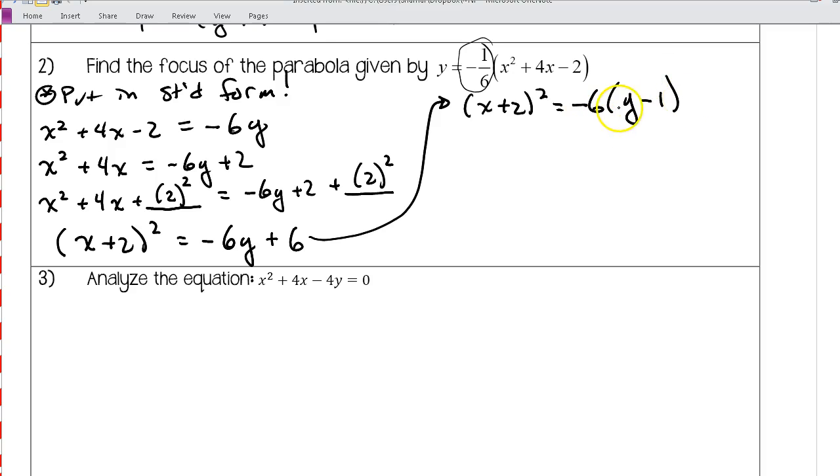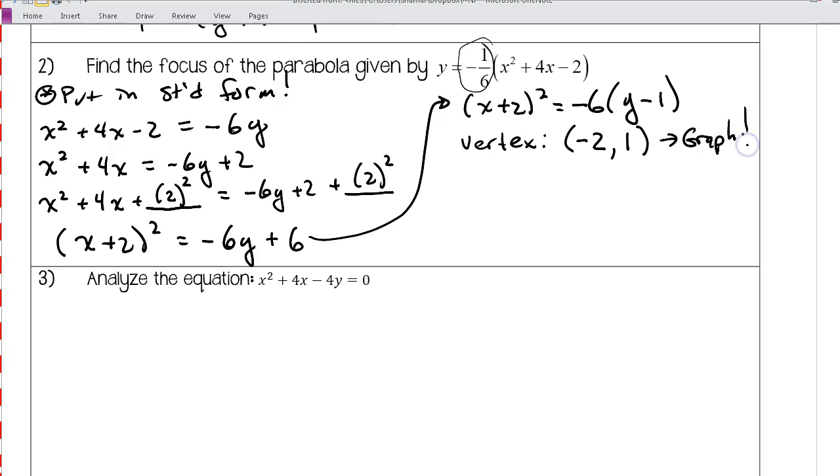So here's my standard form, and I know that my vertex is going to be h, k. We're going to need the vertex to locate the focus, so h is going to be -2. Remember, the only way to get a positive here is to do x minus -2. And my k is going to be 1. And then this is where I would go ahead and make a graph.